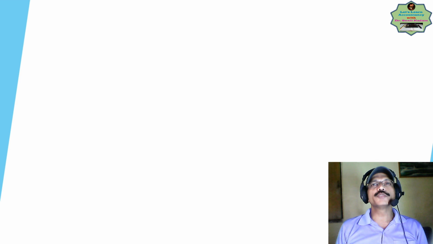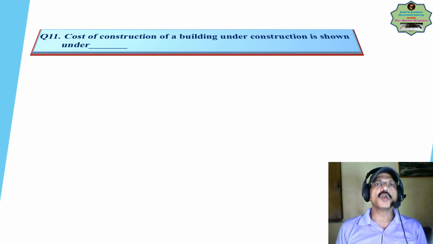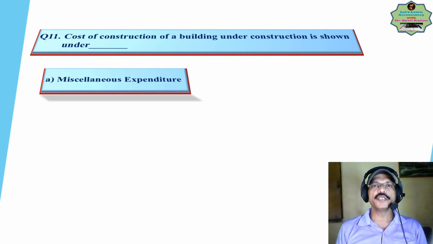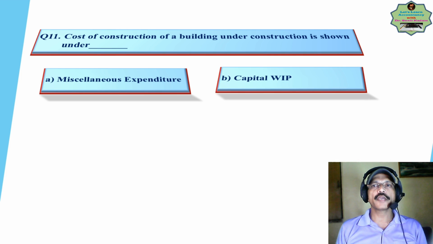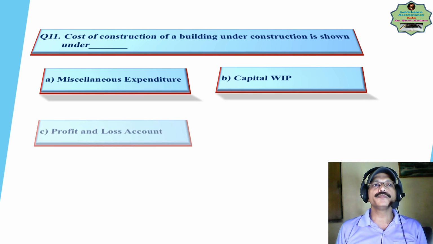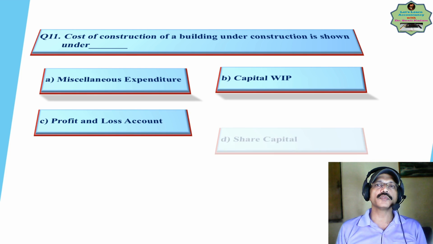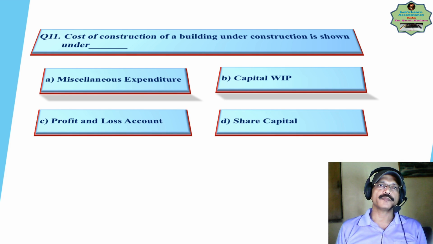The 11th objective is: the cost of construction of a building under construction is shown under option A, miscellaneous expenditure, capital WIP, profit and loss account, or share capital.